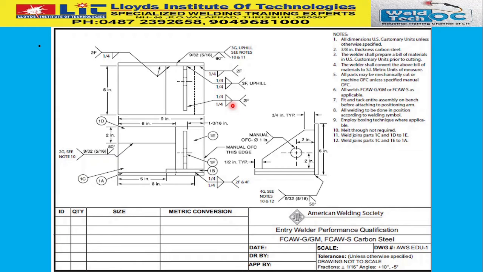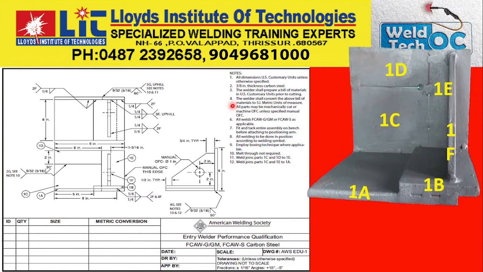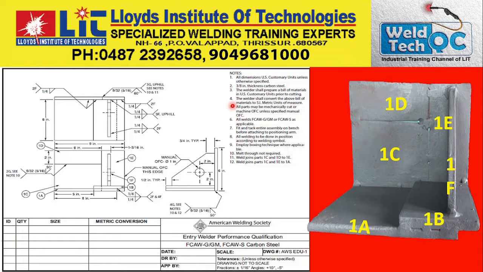To make things easier for you, I bring the actual job assembled according to this drawing. Here it comes. We will see the dimensions and shapes of each part and the interpretation of the welding symbols given.